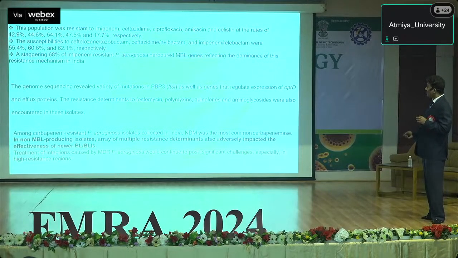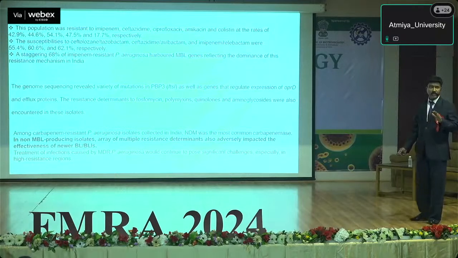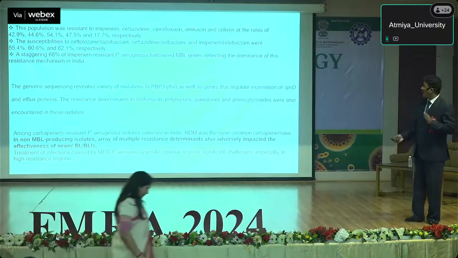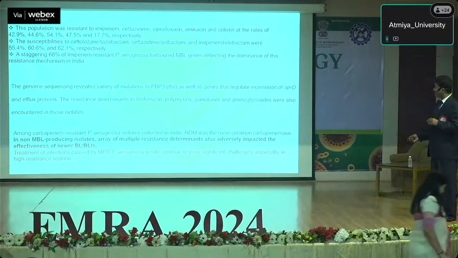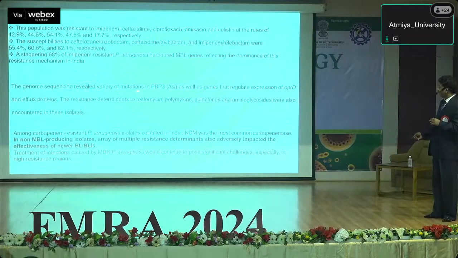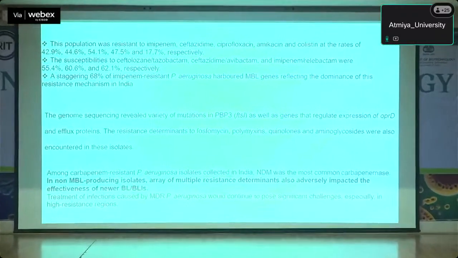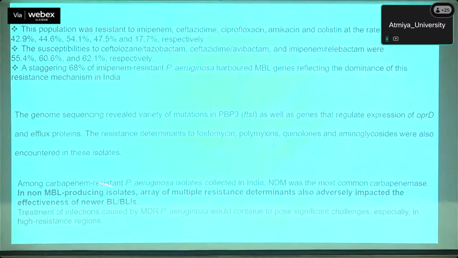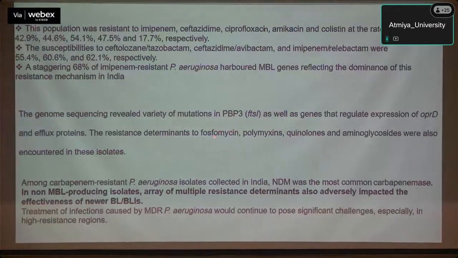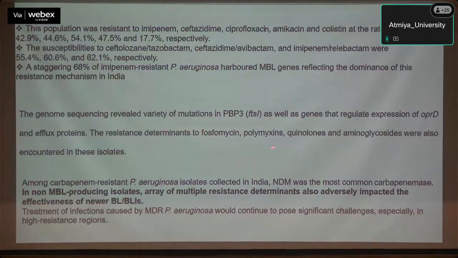Susceptibility to the ceftolozane, avibactam and relebactam combinations was 55%, 60% and 62%, which is again concerning as far as the availability of antibiotics is concerned. Genome sequences revealed that mutations in PBP3, in addition to OprD, which controls the efflux pump or membrane permeability, cause resistance, as well as resistance to fosfomycin, polymyxin, quinolones and aminoglycosides.